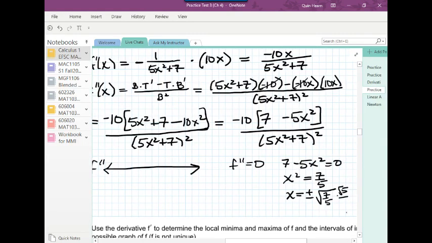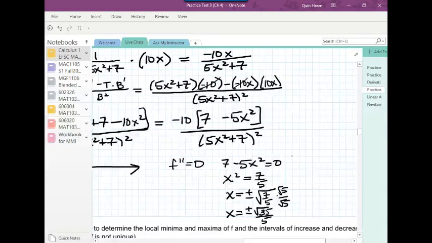All right. So how on earth do we set up a sign chart for this function here? Well, remember that when you set up a sign chart, what you're looking for is places where the function is equal to 0. In this case, where the second derivative is equal to 0, or where it's undefined, because those are the places where the values can change from positive to negative.